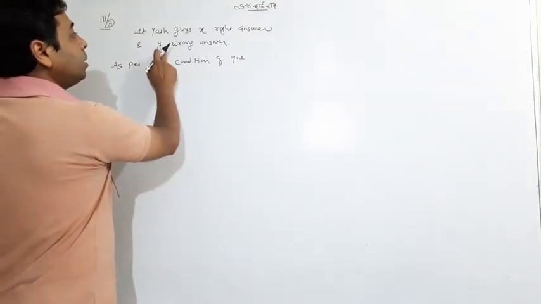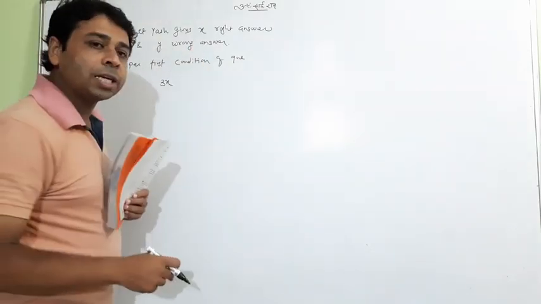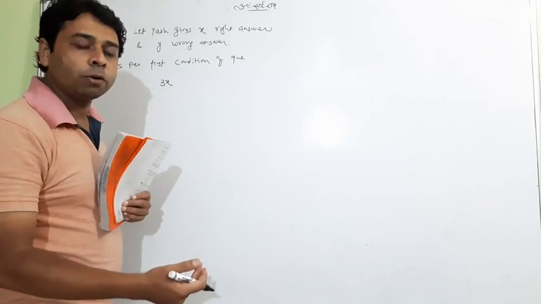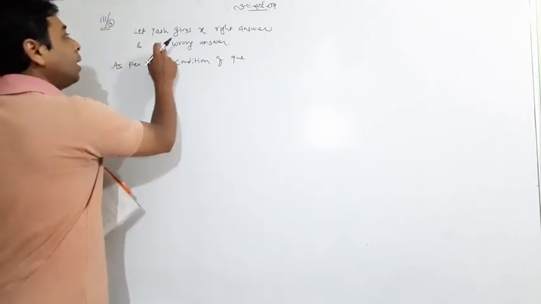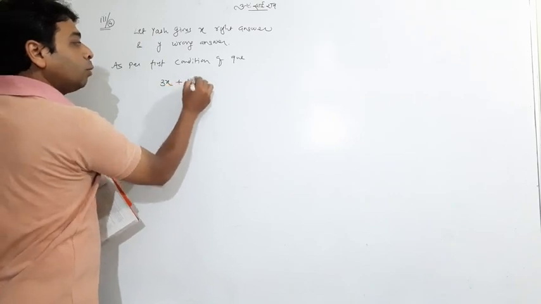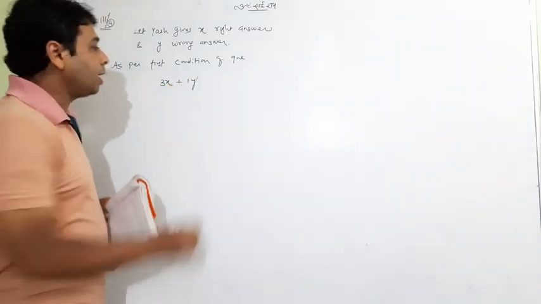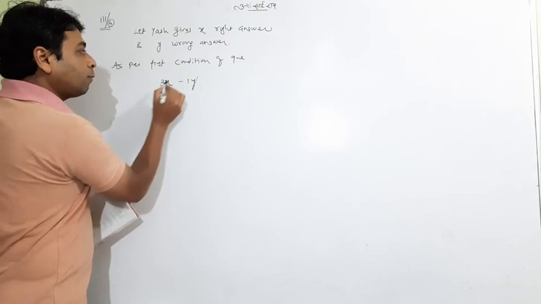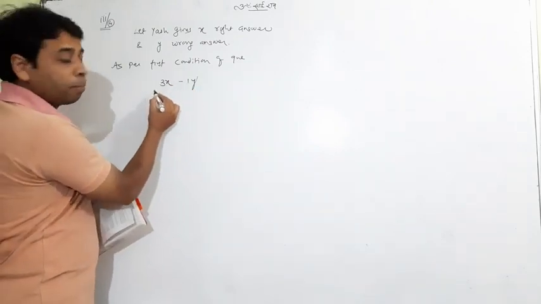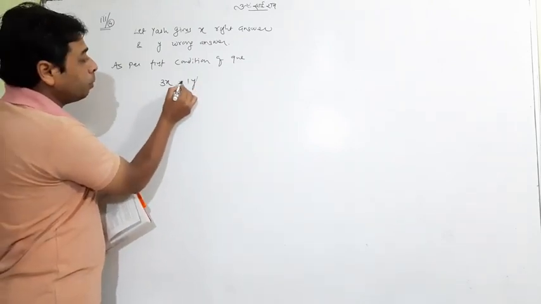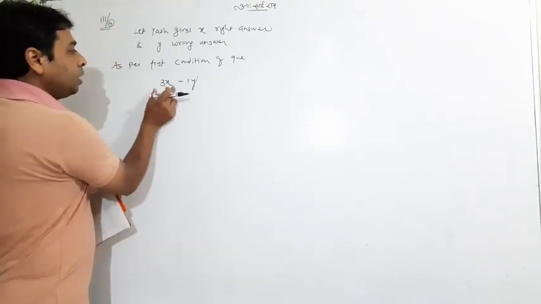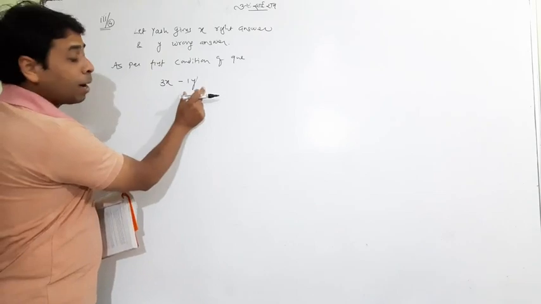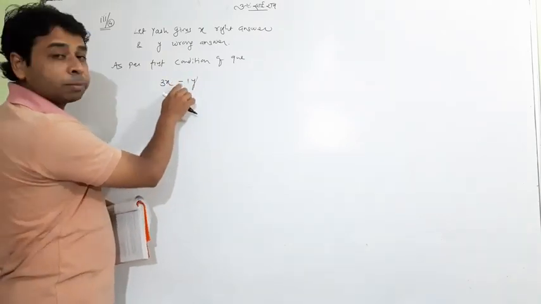And he gave Y wrong answers. For one wrong answer 1 mark is deducted, so for Y wrong answers only Y marks are deducted. He obtained this mark, but this is a deducted mark, so definitely it will be minus. That's why we have to subtract.